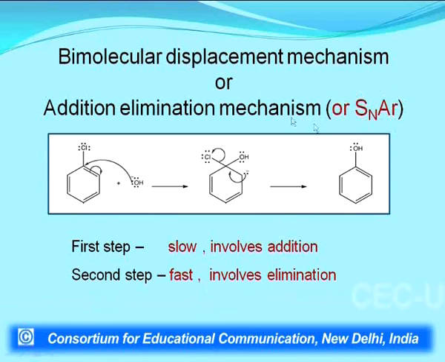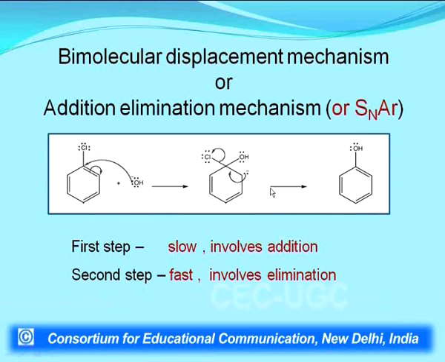They give this symbol to this mechanism. Now, this reaction by this mechanism proceeds in 2 steps. The first step involves the attack of the nucleophile on the carbon carrying this halogen, carrying the leaving group, and the pi electrons shift to the neighboring carbon, forming an anion.